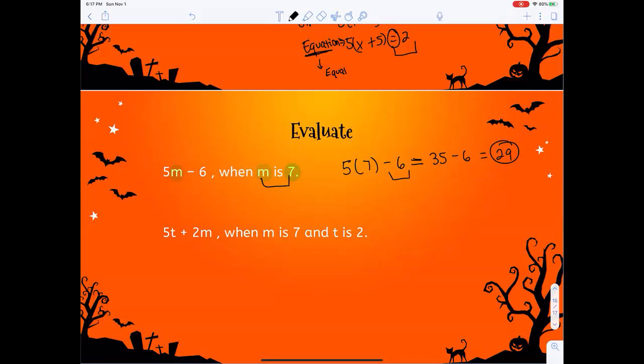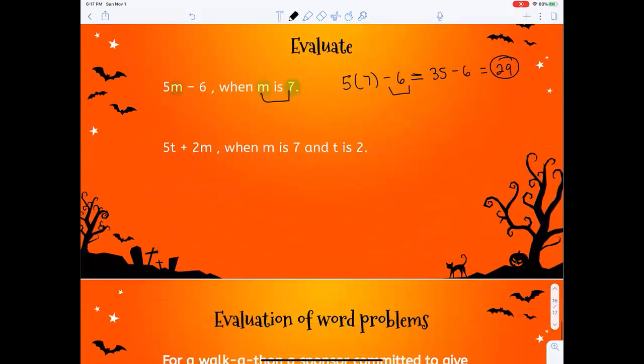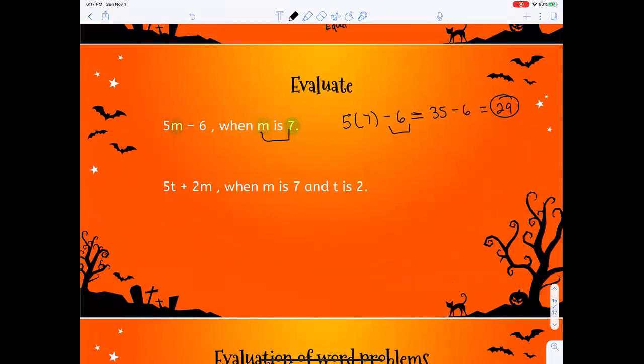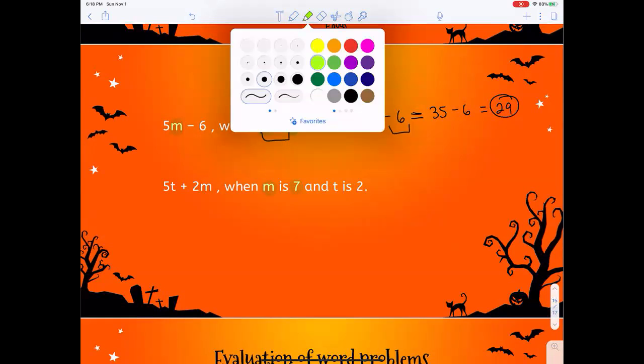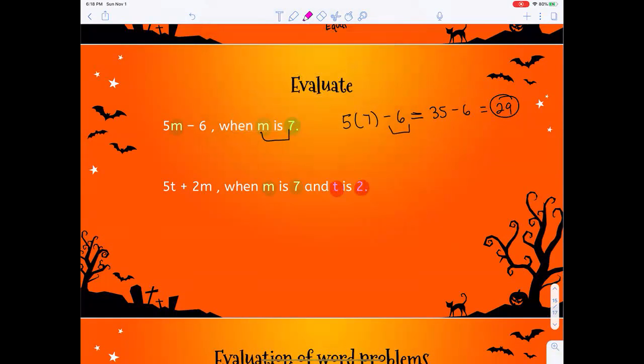So the answer to a question where it would say, what is the value of the expression 5m minus 6 when m is 7? And then we could do the same thing for multiple variables, and we are evaluating. So I'll color coordinate this. If you have 5t plus 2m, what's the value when m is 7 and t is 2? So m is 7, t is 2. And I have a t right here and an m right here.